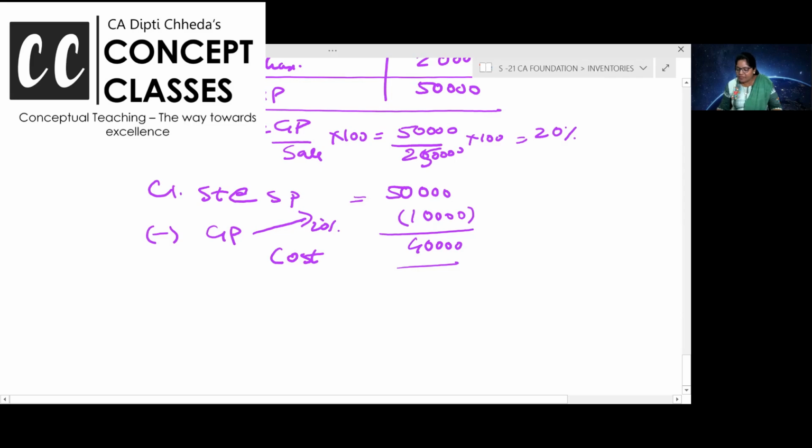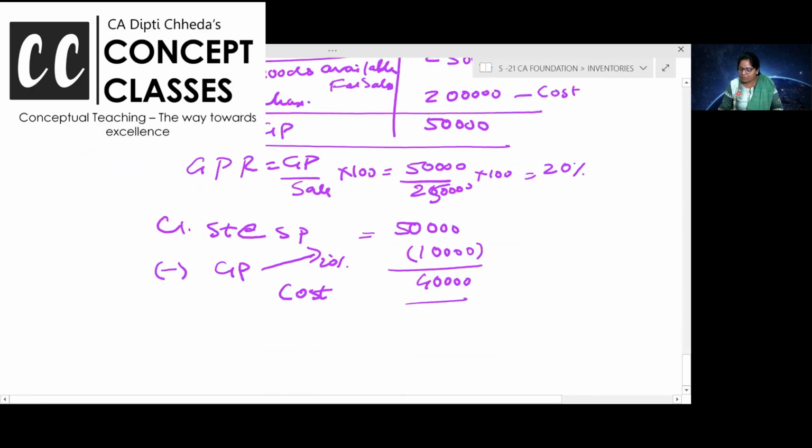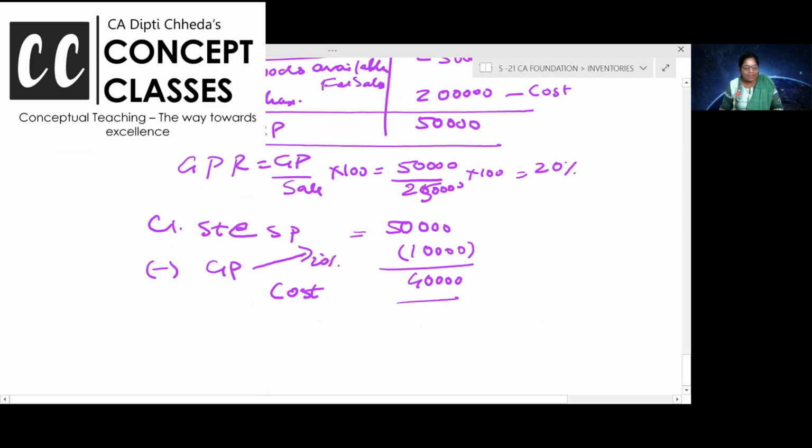Selling price is 50,000. 10,000 minus करके cost you will get 40,000. Okay. Easy or not? Right. Chalo, some more problems are there.